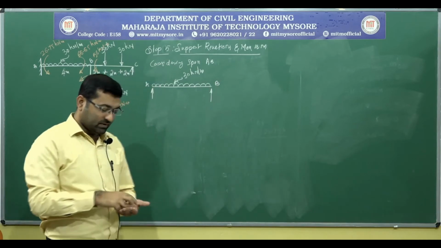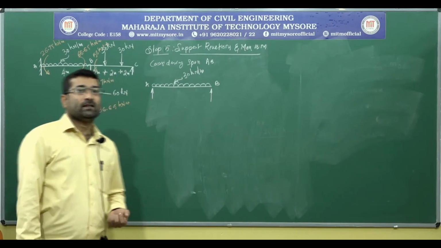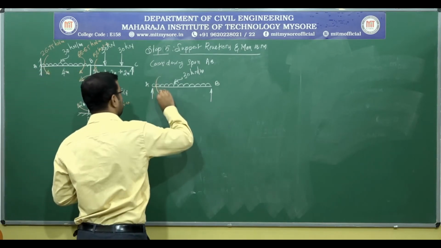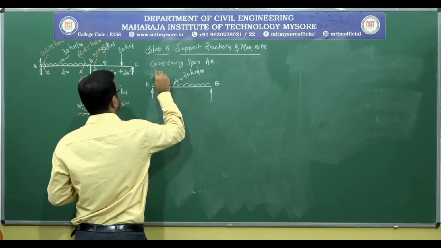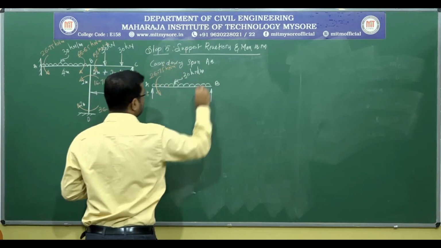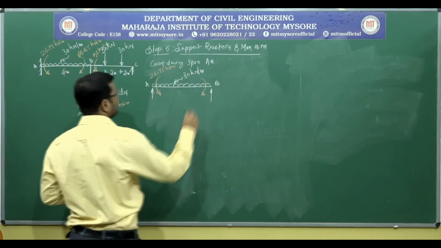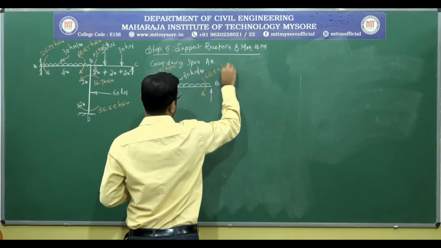Apart from this UDL, on the member AB we have two end moments. One is MAB, which is anticlockwise in nature, and the magnitude is 26.75 kilonewton meter, and at B, that is MBA, it is about 66.65 kilonewton meter.